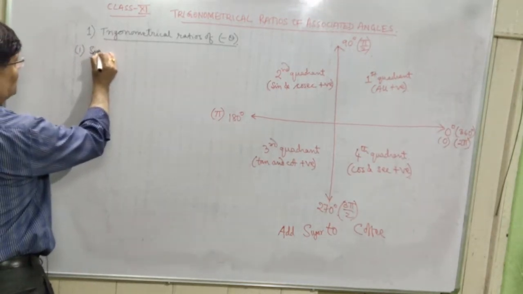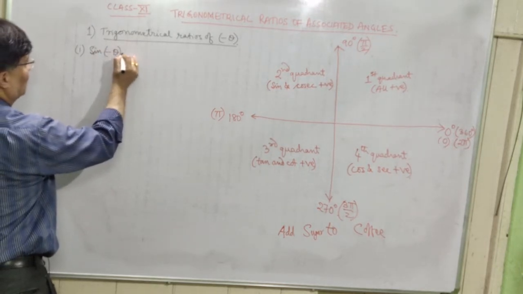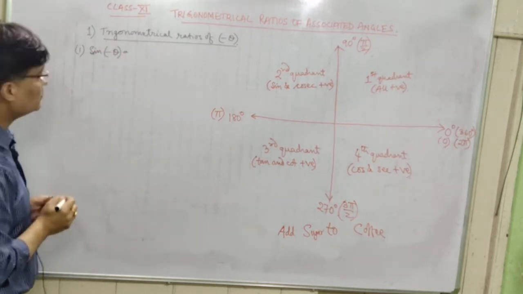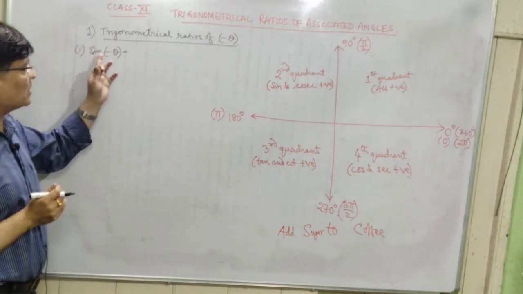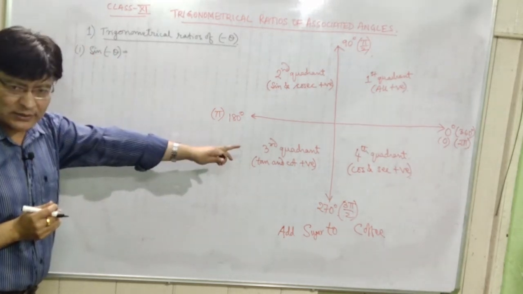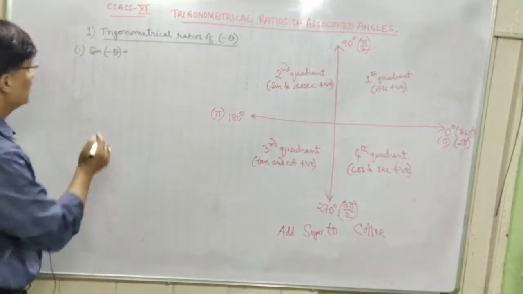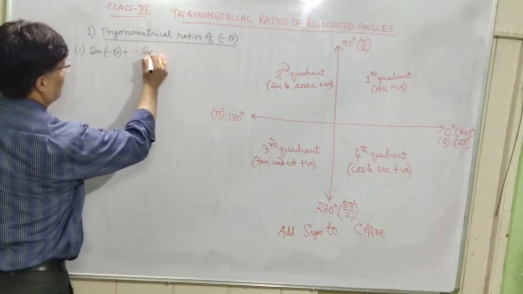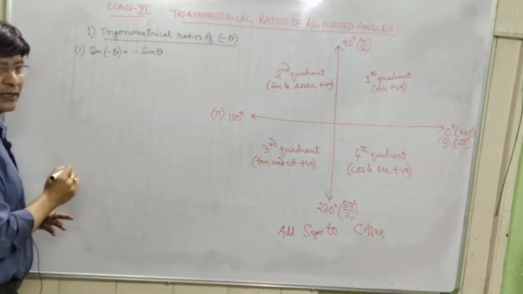So sine of minus theta is equal to... what is the formula for sine of minus theta? Since minus theta lies in the fourth quadrant, sine is negative, so it will be minus sine theta. Is that clear now?